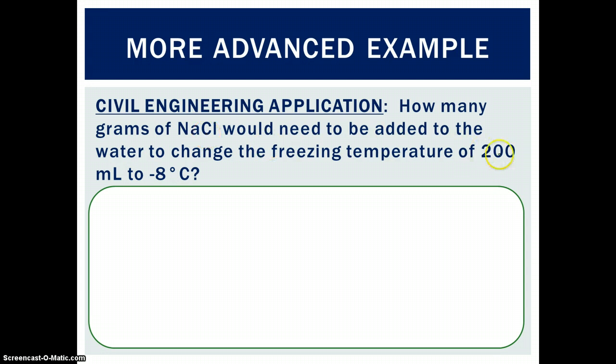Okay, so I have my volume, but I don't have anything to find the molality. Let's write my equation up here again. I have delta T for freezing equals K freezing times molality times i.